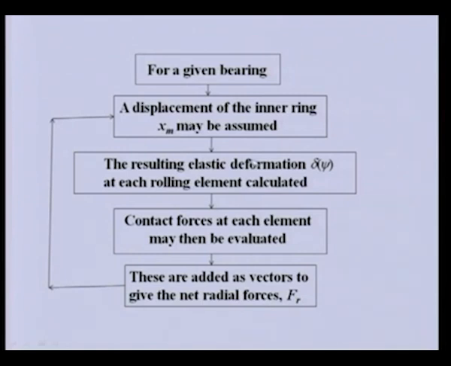From that we can get various displacements at various ball locations, and from there we can get the contact forces, because once we know this deformation, we can use Hertzian contact relations to get the contact forces, and then we can add up the component of that in the radial direction and check whether that is equal to the external load or not.